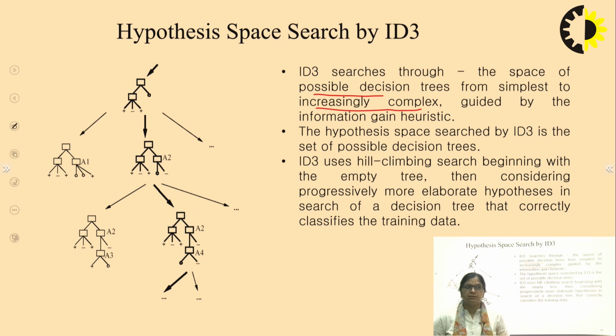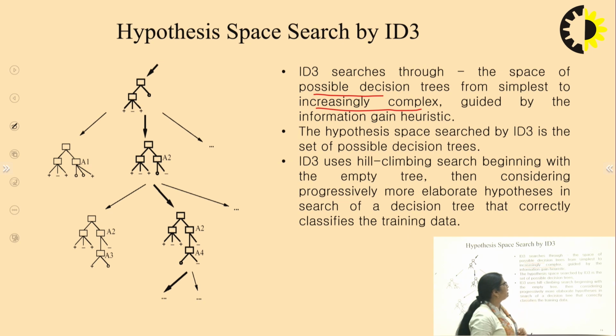Why have we used information gain as the heuristic? Because it classifies the most at the level of the root, then next and then next. The hypothesis space searched by ID3 is the set of possible decision trees. We have different possible decision trees and it searches in that.